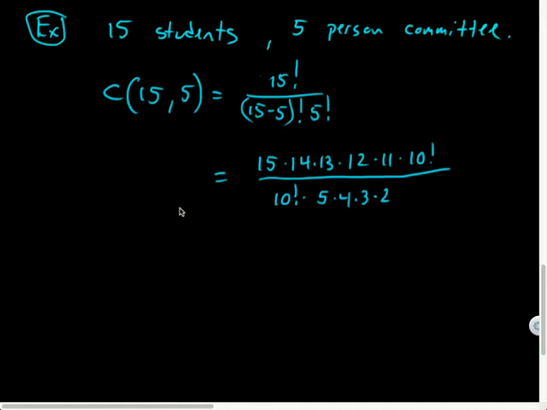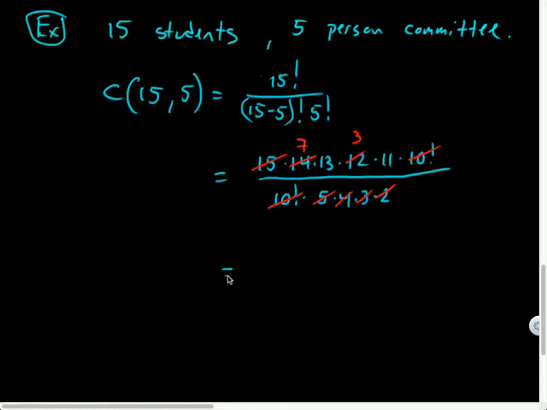Let's see what we can cancel here. 10 factorial and 10 factorial cancel. 5 times 3 is 15. 4 cancels with 12, giving me 3. And 2 cancels with 14, giving me 7.